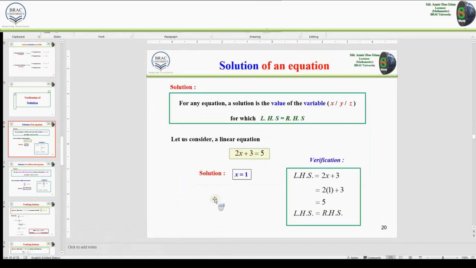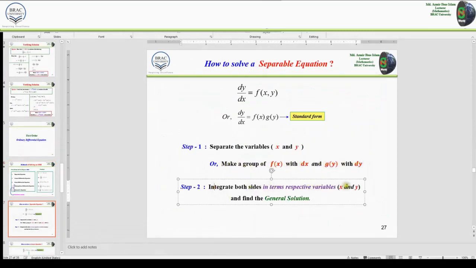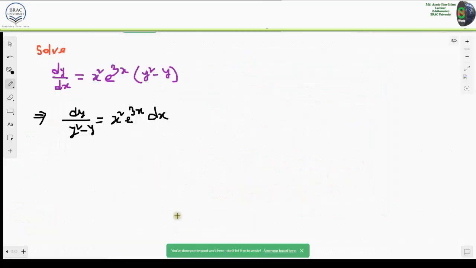You can see from the previous slides that once grouping is done, so f of x with dx and g of y with dy, then we have to integrate both sides. Okay, so let's integrate. I am using the integral sign.